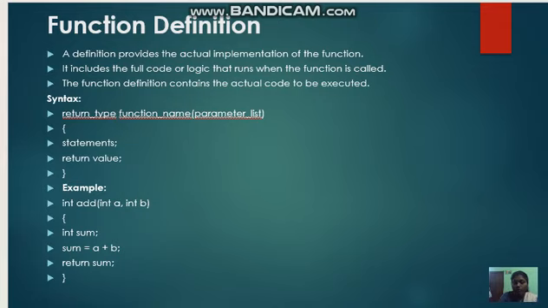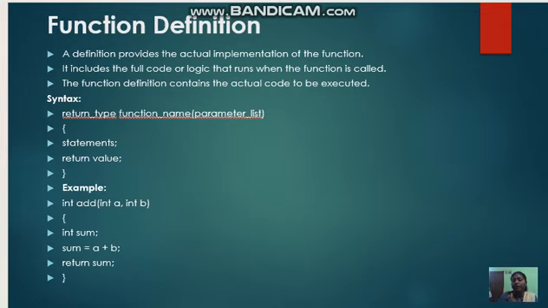Okay, so within that, we have to initiate the function body. Then one more variable I need, that is sum, I have declared it. Then we have to add a and b and store it in sum, so I have written the logic part, sum equal to a plus b, then I have terminated it.